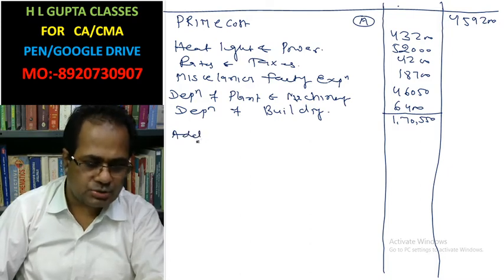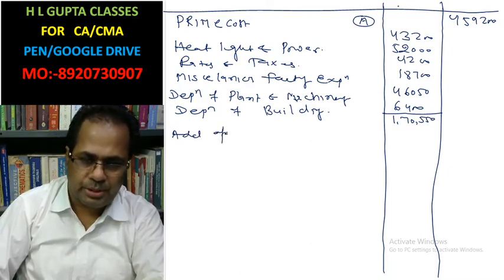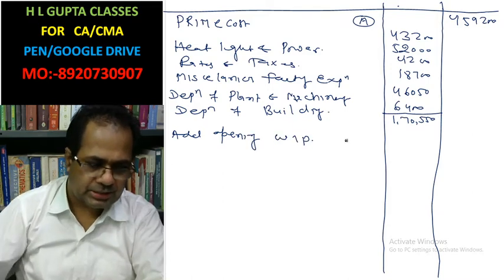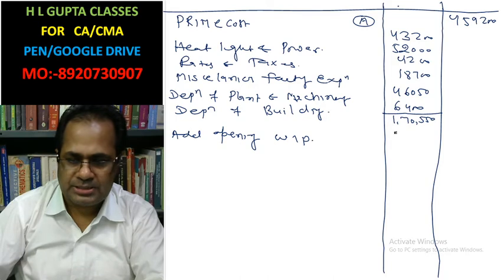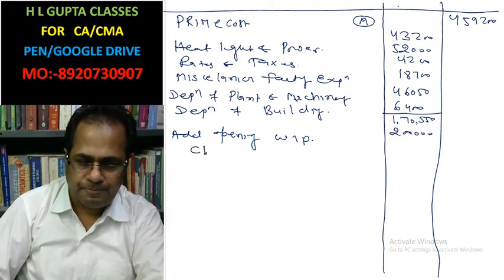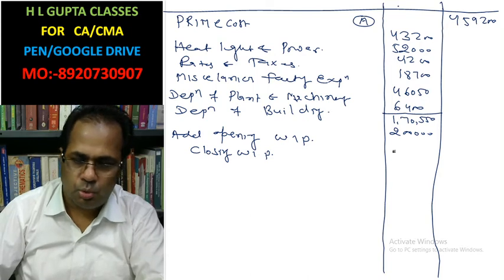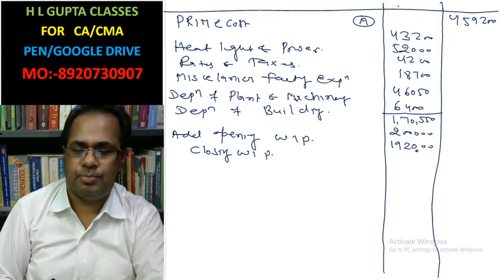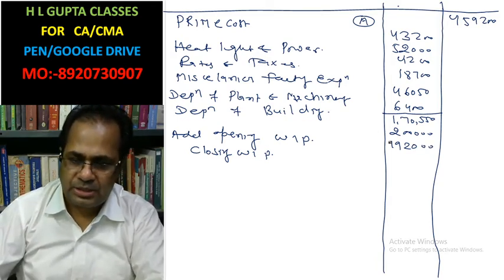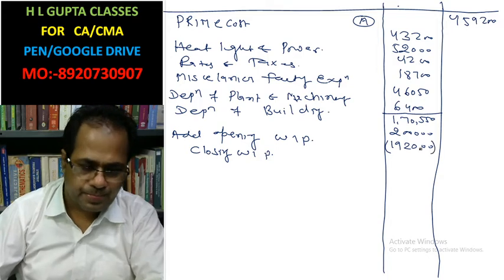Add opening stock of work in progress, 2 lakhs. Closing work in progress 1,92,000. Now after this is the subtraction.